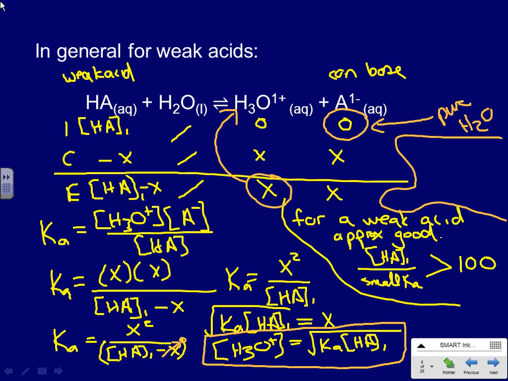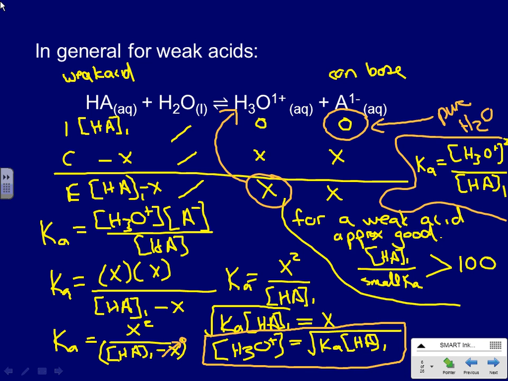But that means that the Ka of a weak acid can be determined by taking the H3O plus, squaring it, and dividing it by the original HA initial. Okay? So that gives us a way of finding the Ka as well.